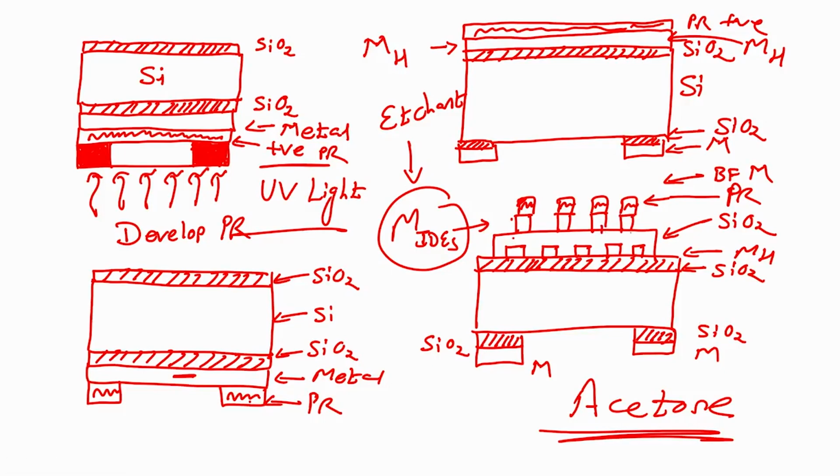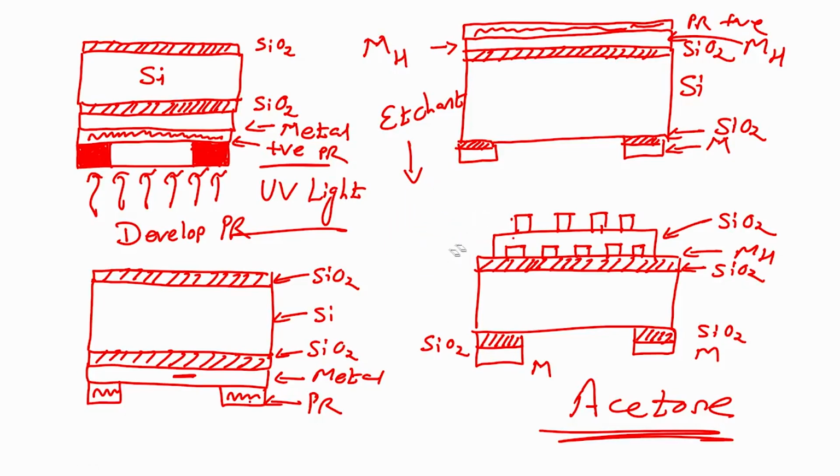After that we will dip this wafer in acetone. When we dip this wafer in acetone, what we get? We get photoresist is stripped off. When photoresist is stripped off, you have interdigitated electrodes. Now, what you have? You have heater, right. You do not have just metal, you have actual heater, you have insulator, you have interdigitated electrodes.